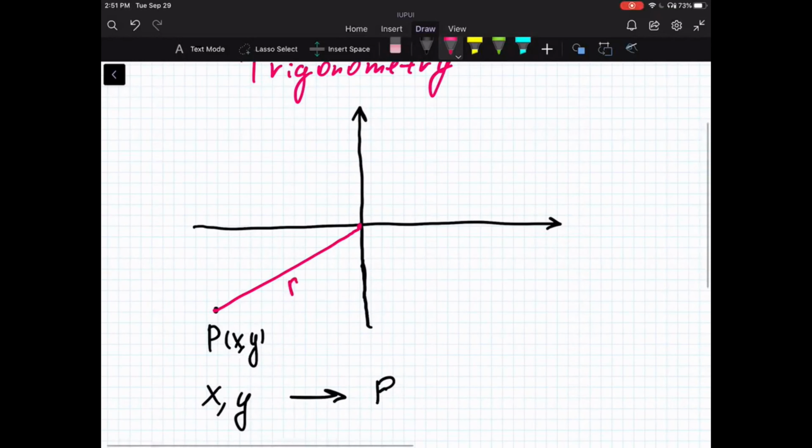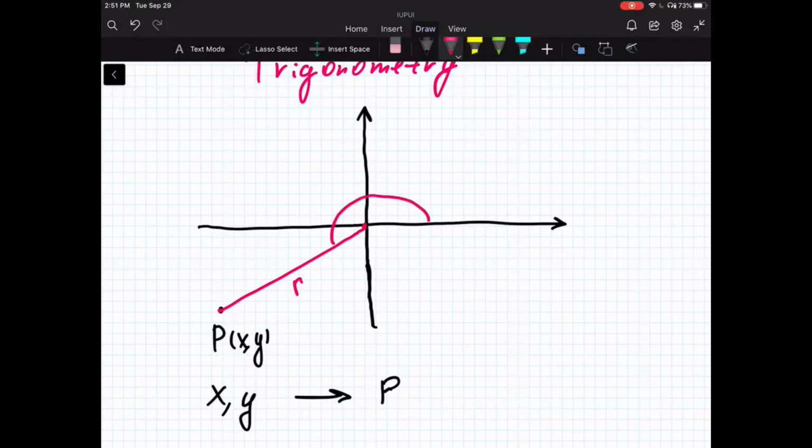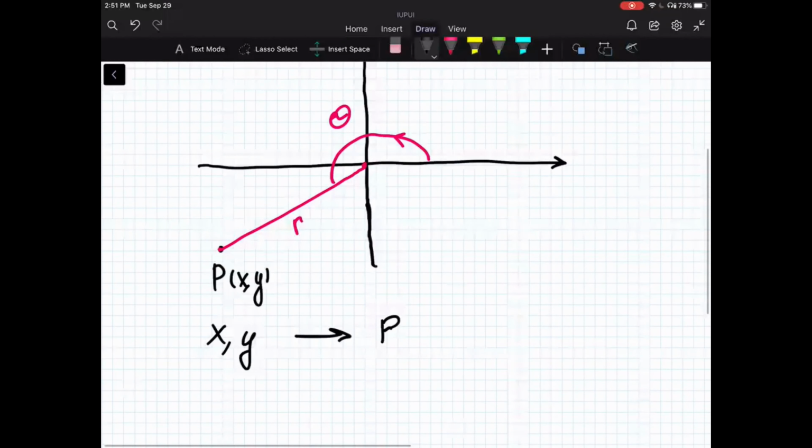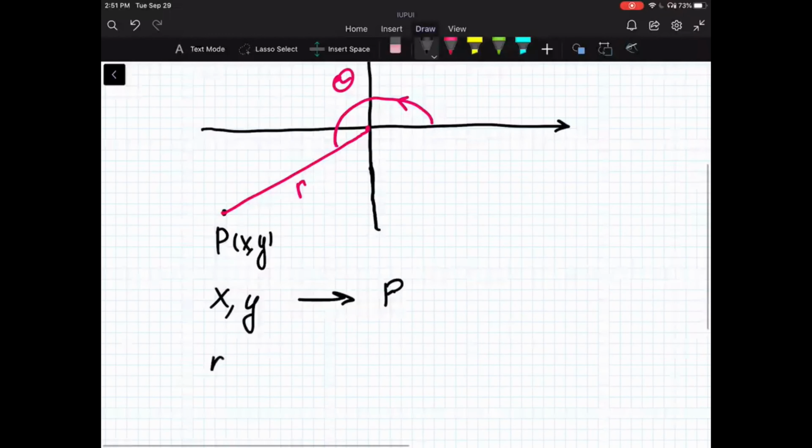And also I will measure the corresponding angle counterclockwise, and this will be my theta. So this point can also be obtained if you know two parameters, r and theta. That also gives you a unique point P, and this is called polar coordinates.